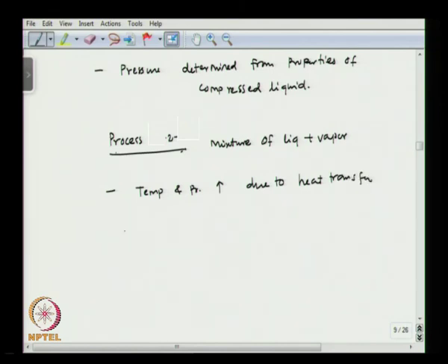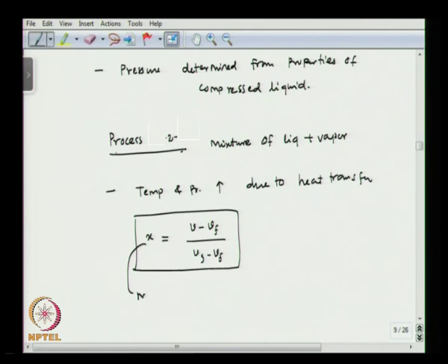In that case we can define something called the mass fraction of the vapor, which is equal to V minus Vf over Vg minus Vf. This is the mass fraction of vapor, Vf is the specific volume of liquid and Vg is the specific volume of vapor.